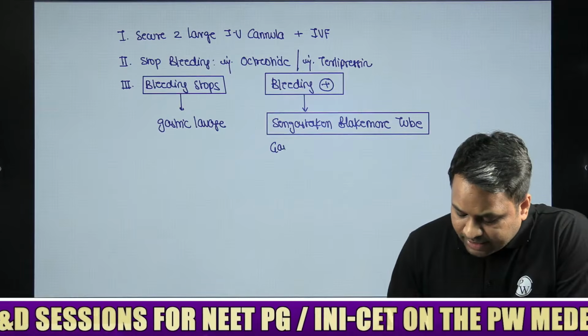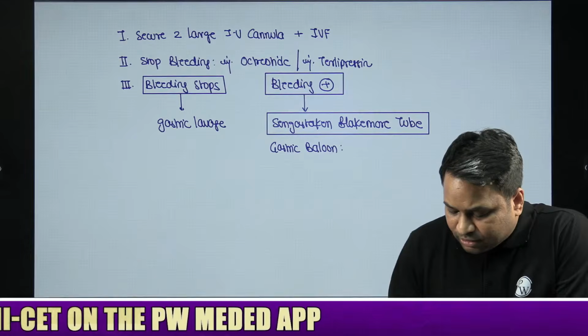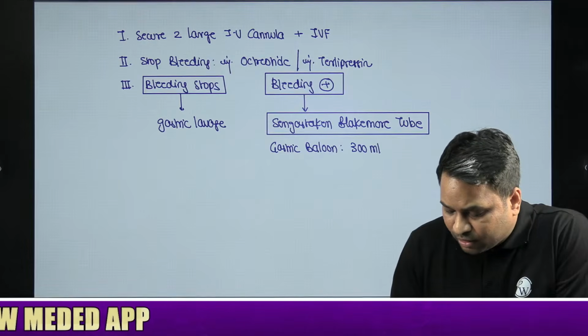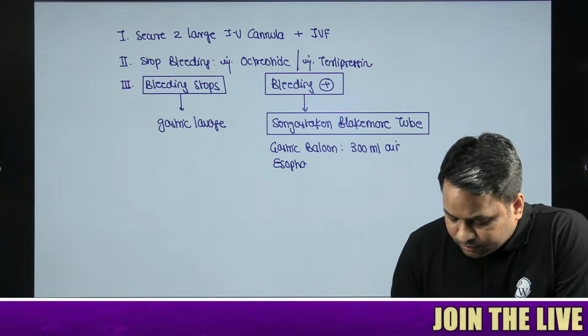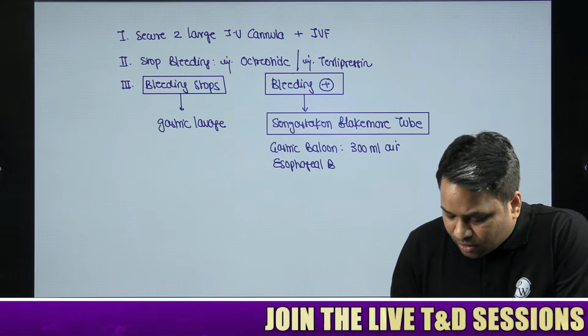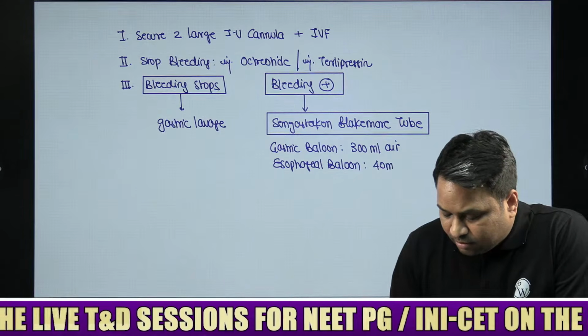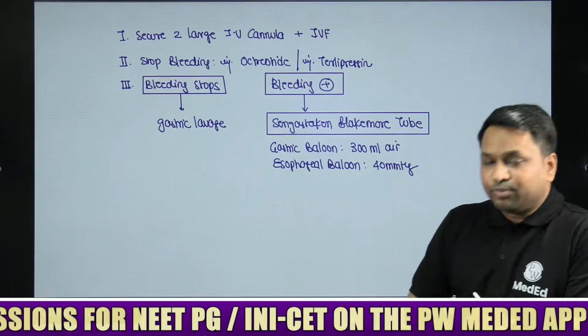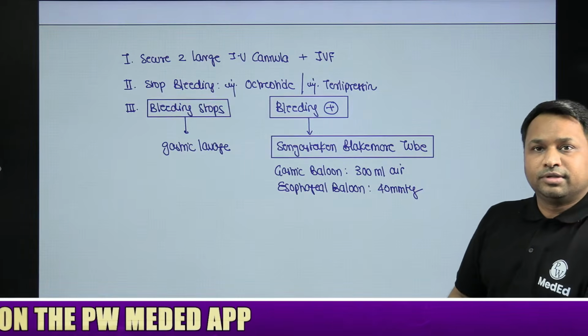One is your gastric balloon, which I will inflate with 300 ml of air. And then you have the esophageal balloon, which we inflate to a pressure of 40 millimeters of mercury, right?